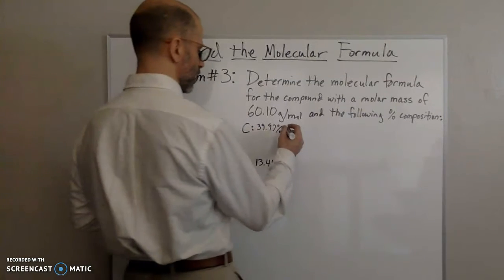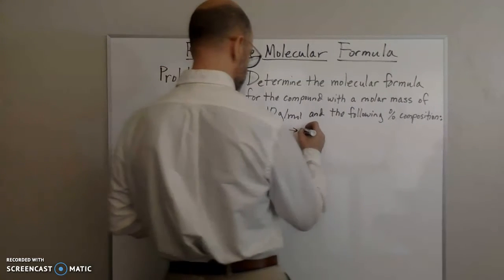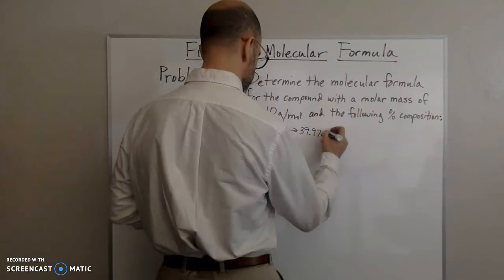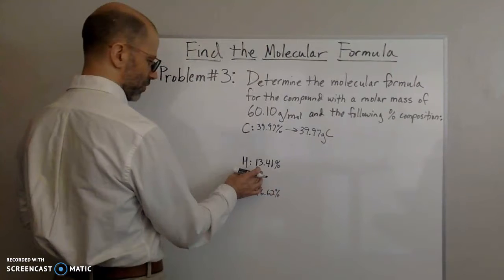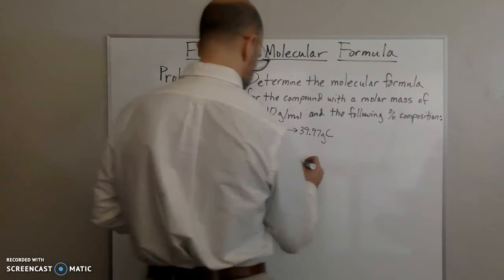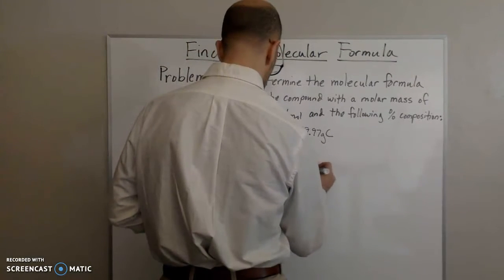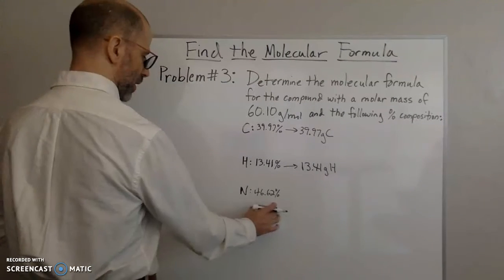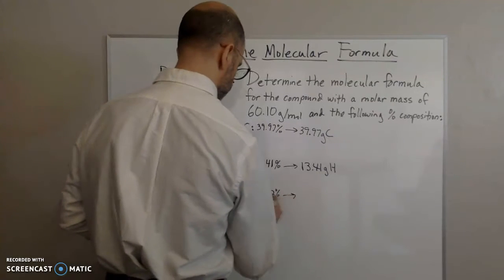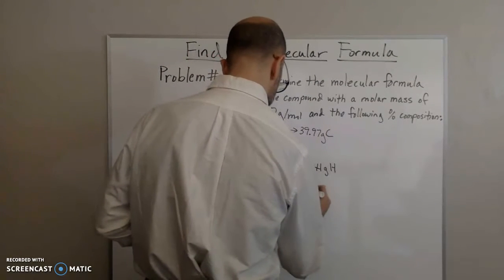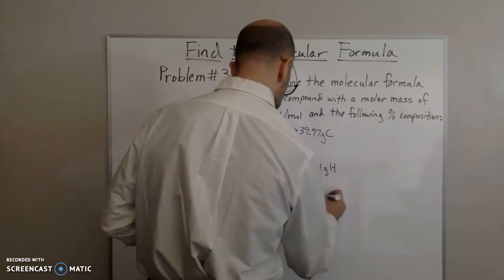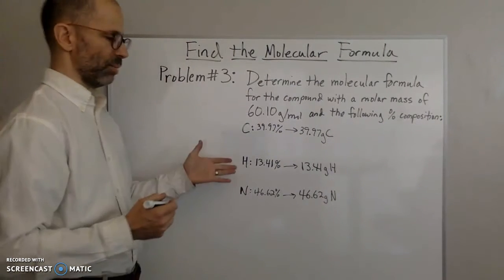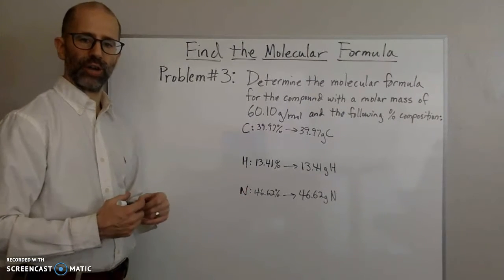So this is going to be 39.97 grams of carbon, 13.41 grams of hydrogen, and 46.62 grams of nitrogen. So now we have the grams out of our 100 gram sample.